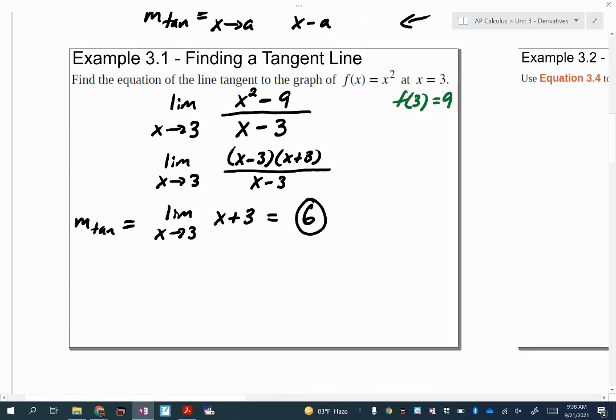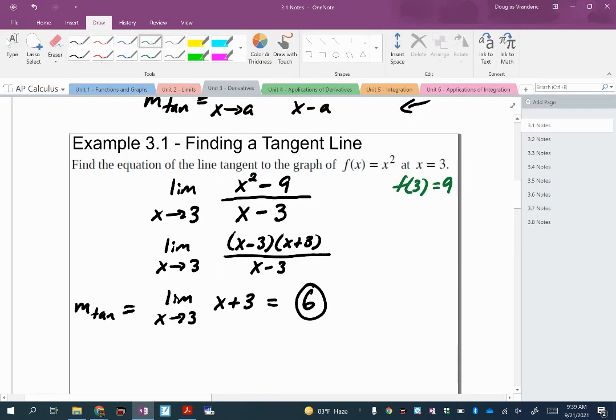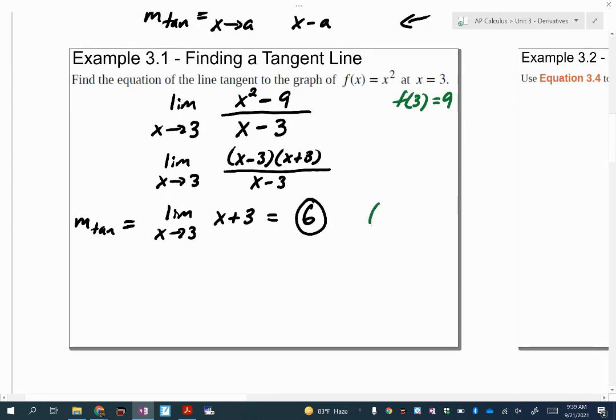So this is where you're going to be using your algebra skills, using point slope form to find the equation for the line. So we have the slope. We need a point. And the point I'm going to use is actually the one that I just found earlier. And if it's going to be on this line, it needs to cross 3, and 3 squared is 9. All right, so now I'm going to use point slope form.